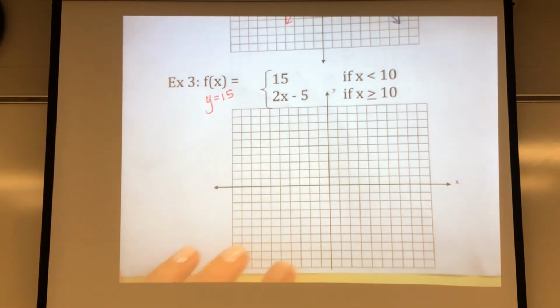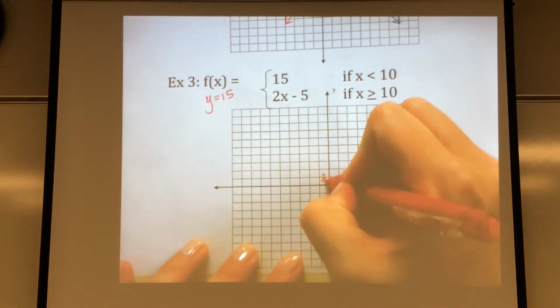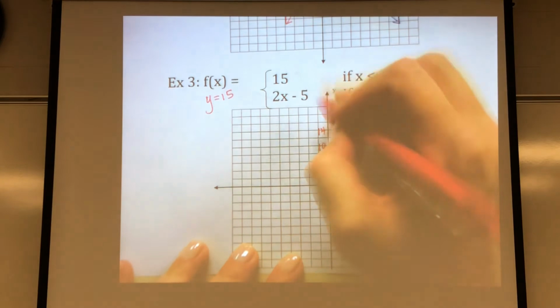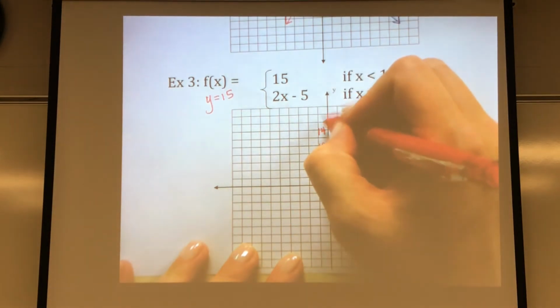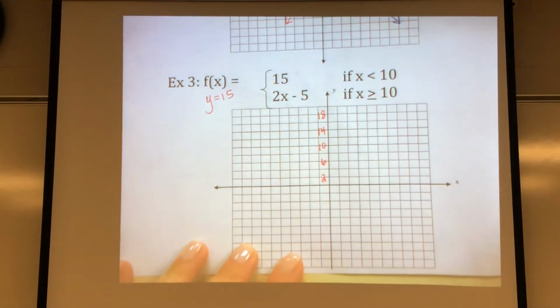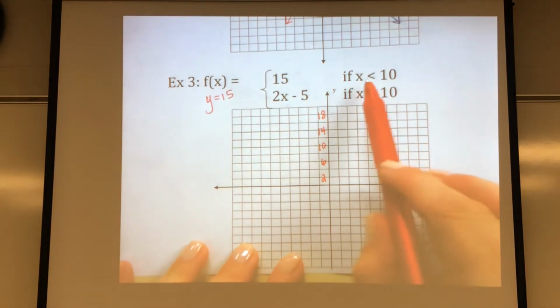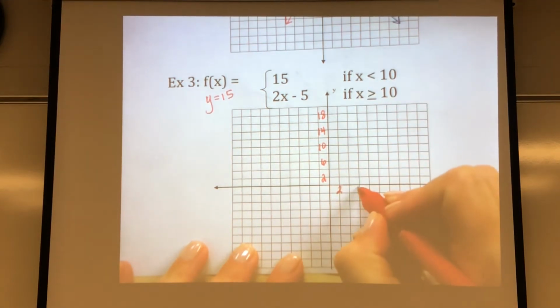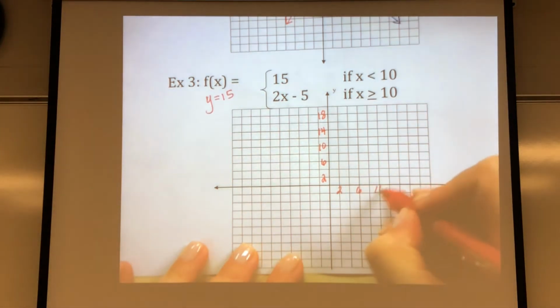So to get up to 15, we know we're going to need to count by 2's. You can go ahead and label your graph appropriately for that. It says, and if x is less than 10, so we probably should label our y-axis by 2's, our x-axis by 2's as well.